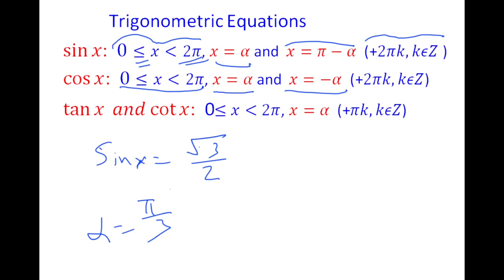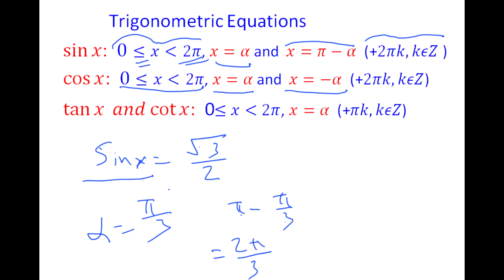And if alpha is pi divided by 3, then for sine of x, the second solution is going to be pi minus pi divided by 3, which is going to be 3 pi minus 1 pi, 2 pi, which is 2 pi divided by 3, guys.